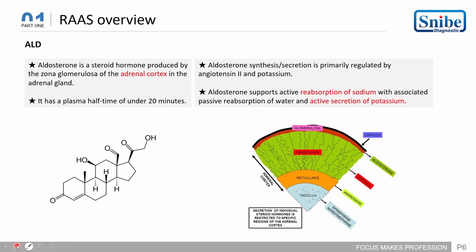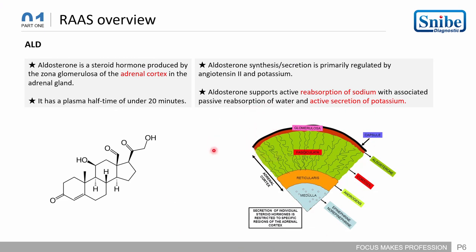Next in the RAS overview is another analyte called aldosterone. Aldosterone is a steroid hormone produced by the zona glomerulosa of the adrenal cortex in the adrenal glands. It has a plasma half-life of under 20 minutes. Aldosterone synthesis and secretion are primarily regulated by angiotensin 2 and potassium levels.